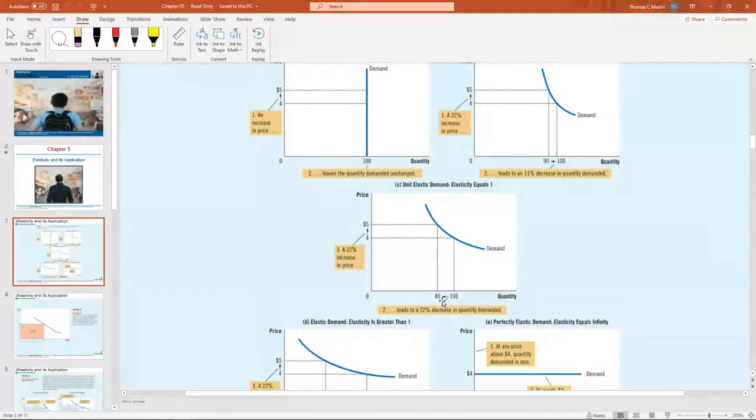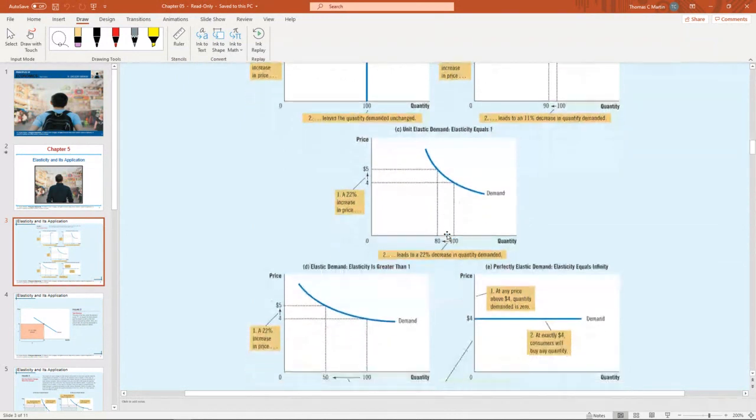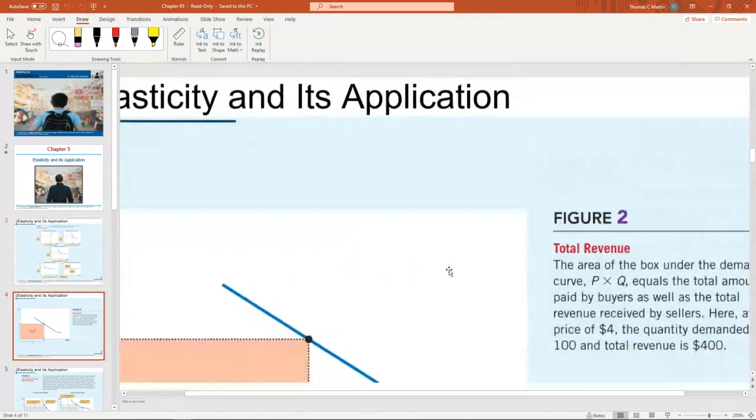That's where we can sell everything we want and the consumer will buy everything we produce. So this is an ideal situation here. It says elasticity is equal to 1.